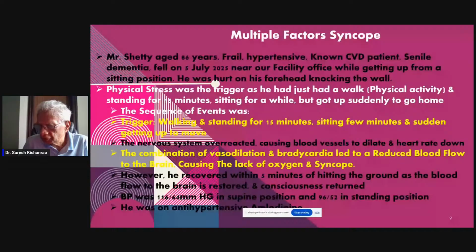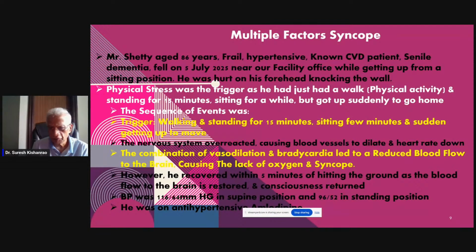Here, the nervous system overreacted, causing blood vessels to dilate and the heart rate to go down. The combination of vasodilatation and bradycardia led to reduced blood flow to the brain, causing lack of oxygen and syncope.